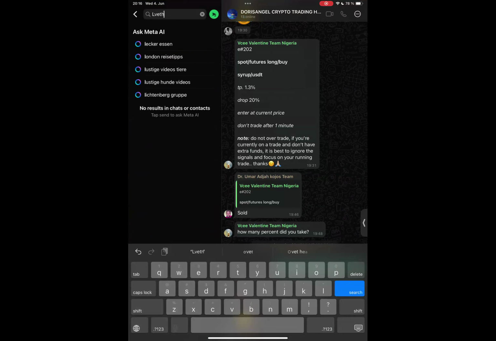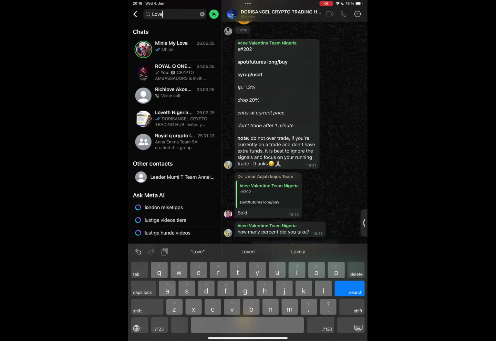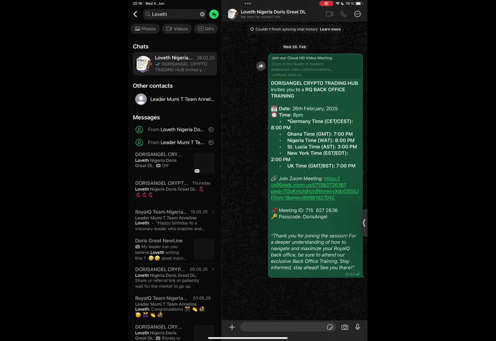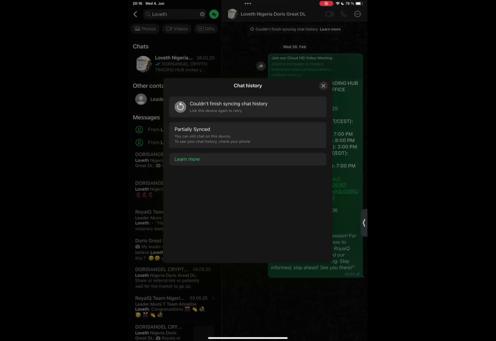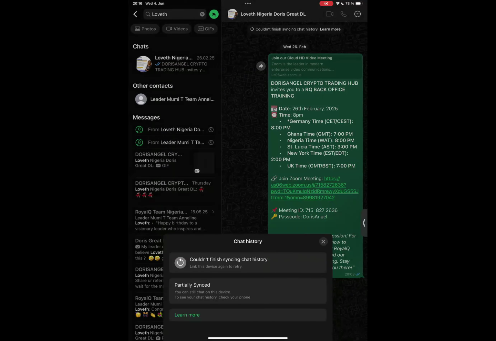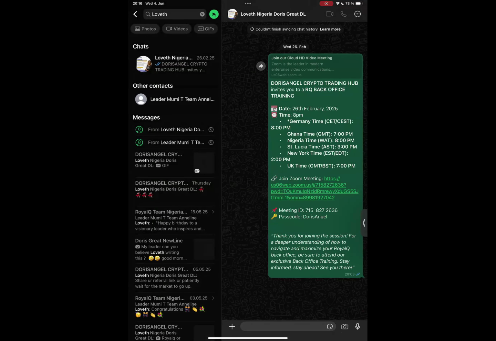I can use her as an example because her capital is small. Hey, it couldn't load, it says partially synced. Then I have to use my phone, because I didn't open this chat. So let me stop sharing and share my phone. Okay, so you can see it from here.